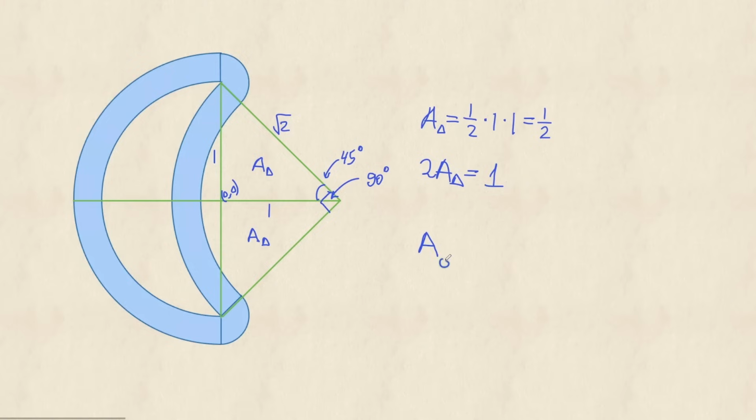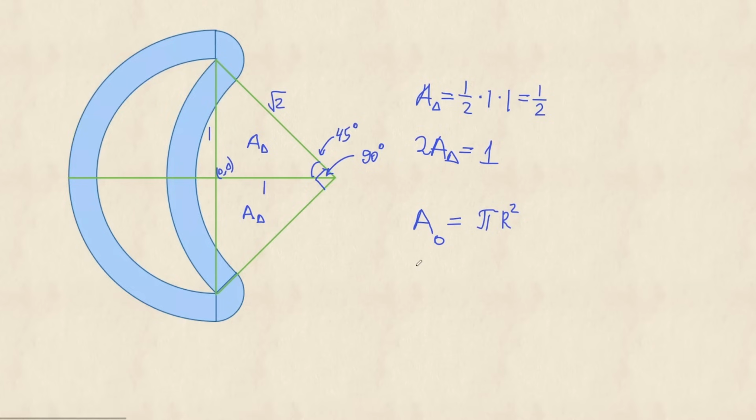As you should know by now, the area of a circle is pi r squared. So if we want to find a quarter of the circle, we have to divide it by 4. So it's equal to pi r squared divided by 4. Since in our case the radius of the circle is square root of 2, it's equal to pi times square root of 2 squared over 4.